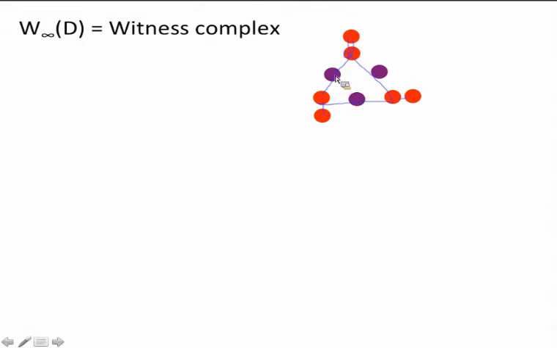Well, if I take a look at all three things that are closest to this vertex, well, this one, and that one, those three are closest, but there's no triangle formed from them, and so I don't fill in this triangle. And so the witness complex for this would just be this non-filled in triangle plus these extra edges right here. And so that would be our witness complex.